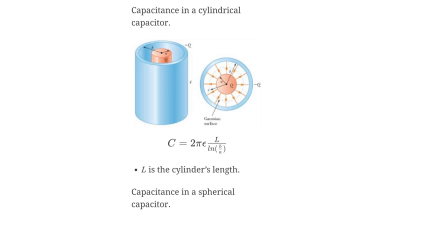The charge is given to the inner cylinder and the outer cylinder gets minus q charge. We have already discussed this in unit 2. The capacitance can be calculated using this formula: 2 pi epsilon L over log of B by A, where L is the cylinder length.